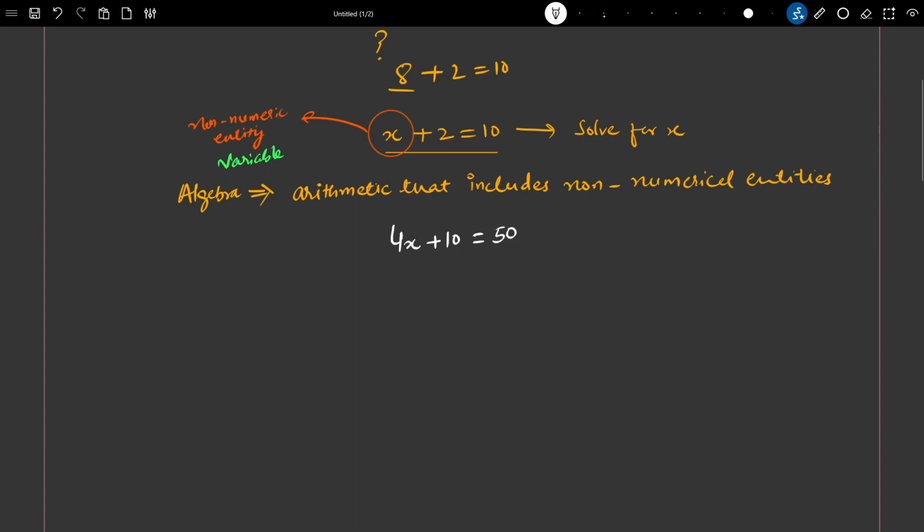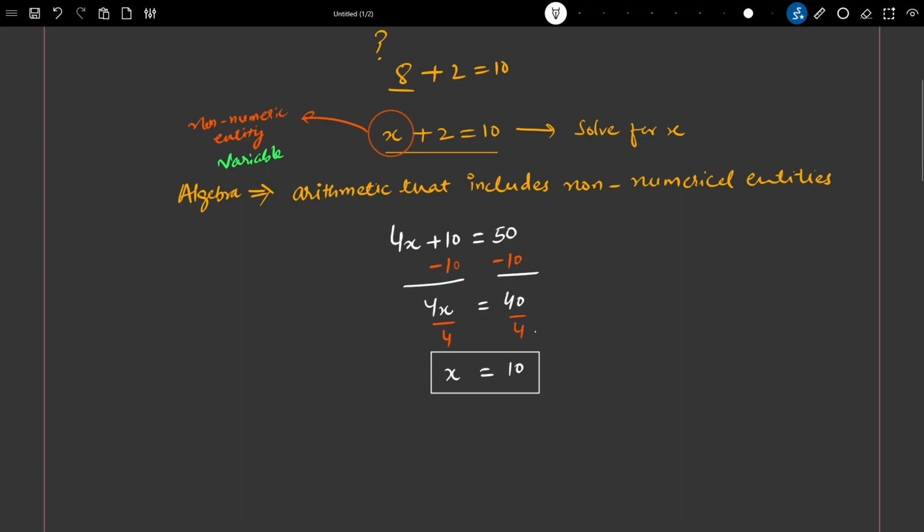The other way to look at it, let's say I want to isolate x. I'll subtract 10 from both sides first, and after subtracting 10 from both sides, we'll end up with 4x equal to 40. Then I'll divide by 4 on both sides, and I'll get x equals 10.